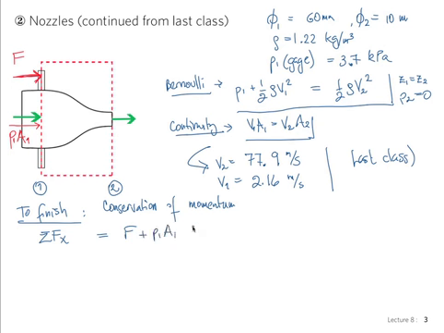The change in momentum was the sum of m dot v out minus sum of m dot v in. That's the momentum flux across the control surfaces.